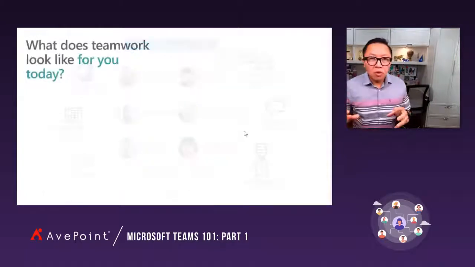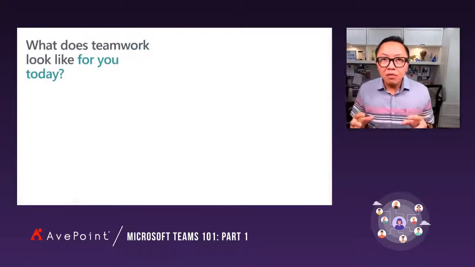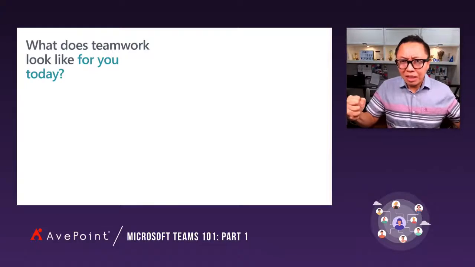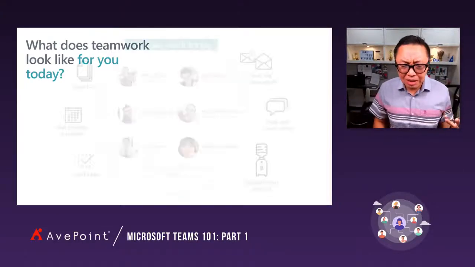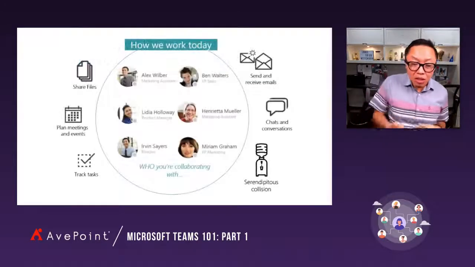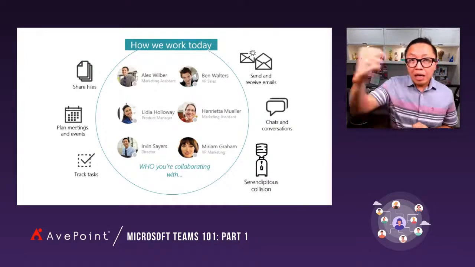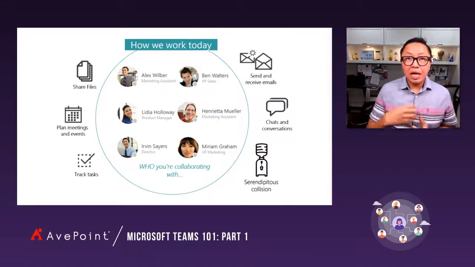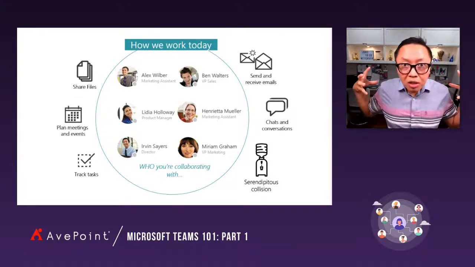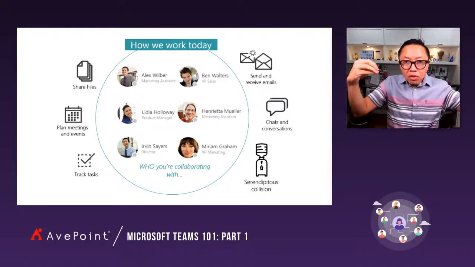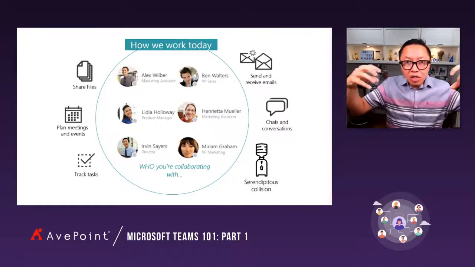But more and more, what we're seeing is because of all this disconnect. And when you think about disconnect, what do you mean about disconnect? So let's say these 6 people are working on the same project. In that project, I email, I have a project plan, I have a task. We're all working towards the same goal. The problem is all these different modes of working and communication and collaboration are not interrelated at all.